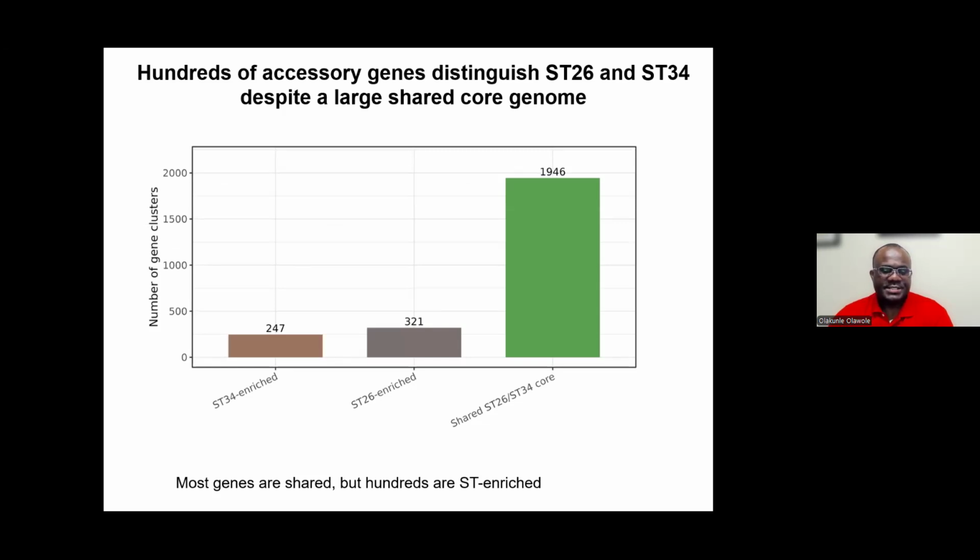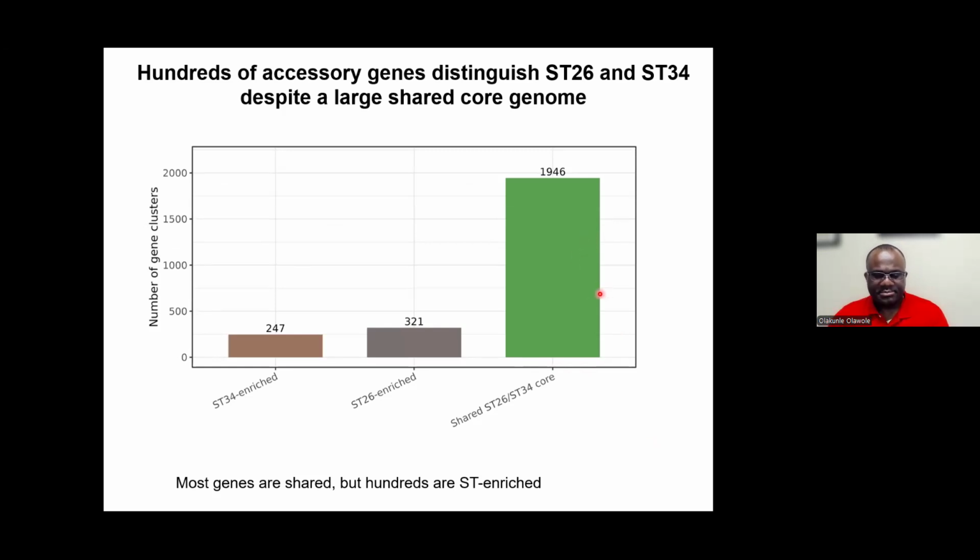So if the sequence type is the primary axis of diversification, for example, we would expect ST26 and ST34 to share a common genomic background while retaining a lineage-specific gene repertoire. And one of the things we found was that the ST26 and the ST34 share a large core gene set of about 1946 genes.